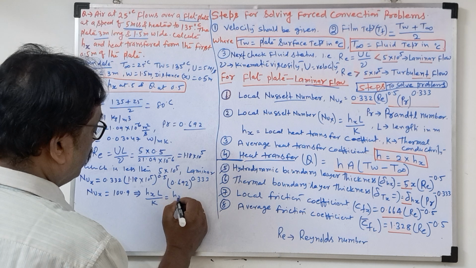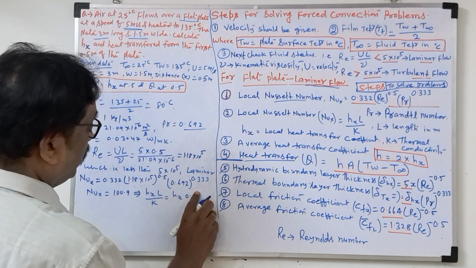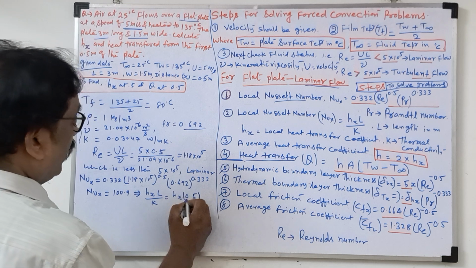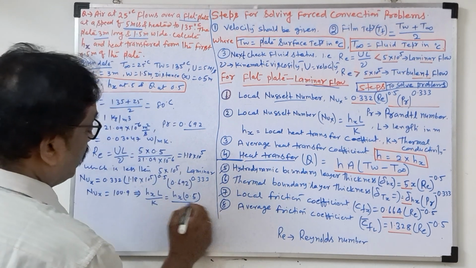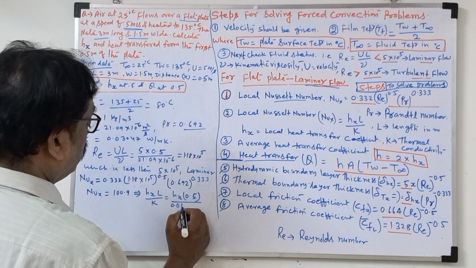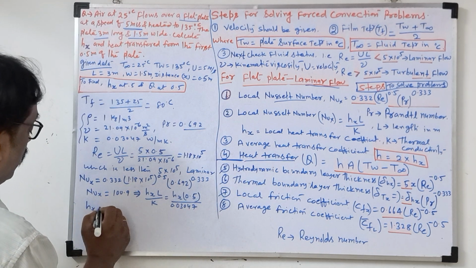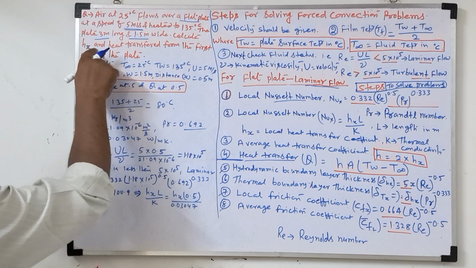One more step I will write: 0.5, not 0.3. Why am I writing 0.3? They are asking only for 0.5. And K thermal conductivity 0.03047. So you will get h x, that is called the local heat transfer coefficient. This also they are asking.